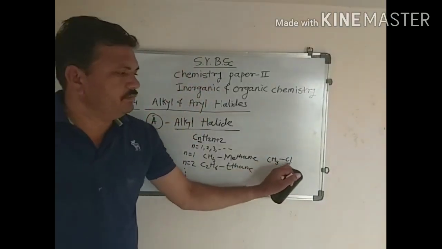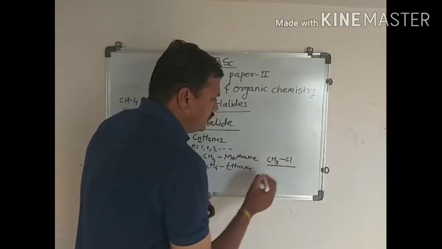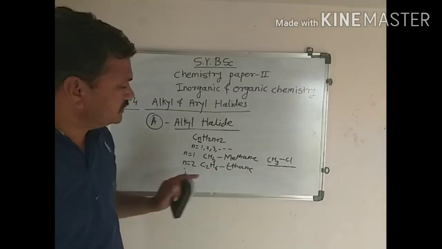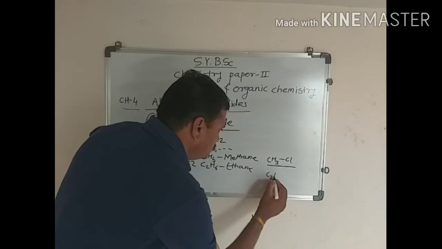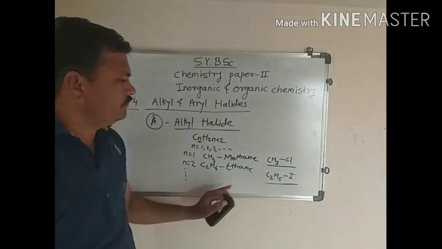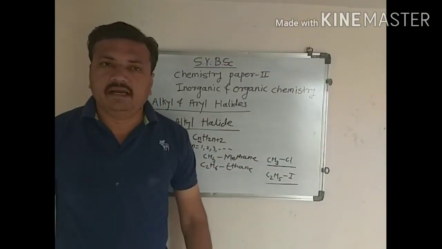We get methyl chloride and it is known as alkyl halide. Same in case of ethane, when one hydrogen atom is replaced by the halogen atom, we get C2H5I, ethyl iodide, it is known as alkyl halide.